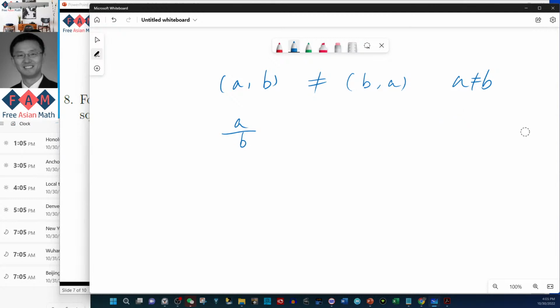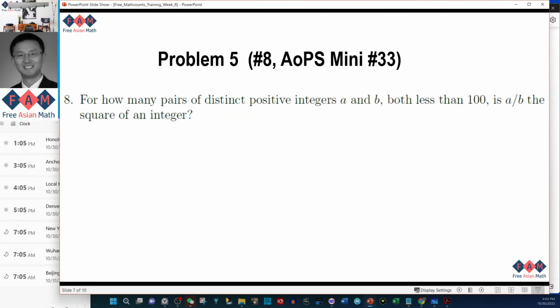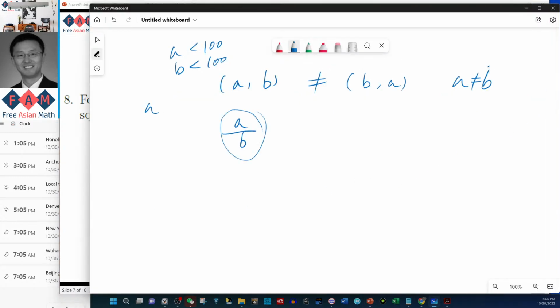So that means we have to think about how we can match this constraint first. Because a and b are both less than 100, a over b actually has a range. It's somewhere between 100 and 1/100, right?